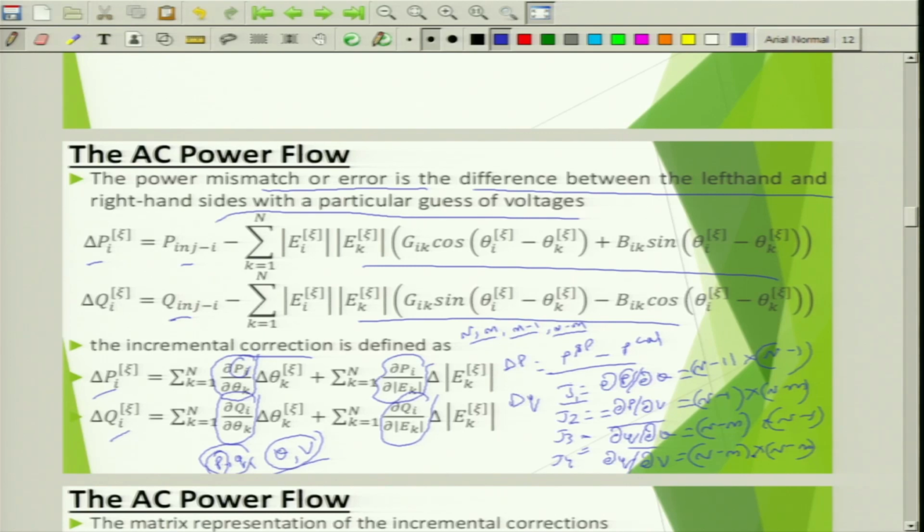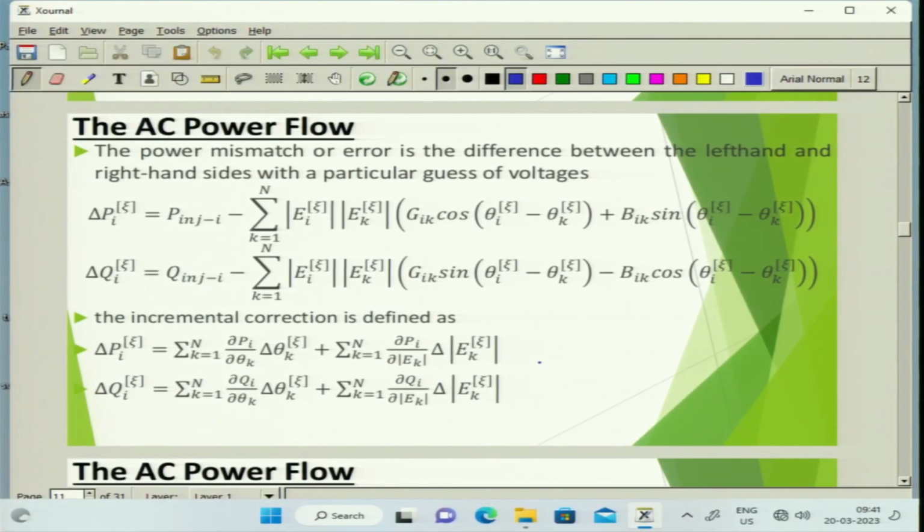So total put together, if there are 4 matrices J1, J2, J3, J4, what is the size of this matrix, one can guess? So ultimately there is the Jacobian matrix J1, J2, J3, J4. The size of this is, you see here, this is n minus 1 into n minus 1, this is n minus 1 into n minus m, this is n minus m into n minus 1, this is n minus m into n minus m.